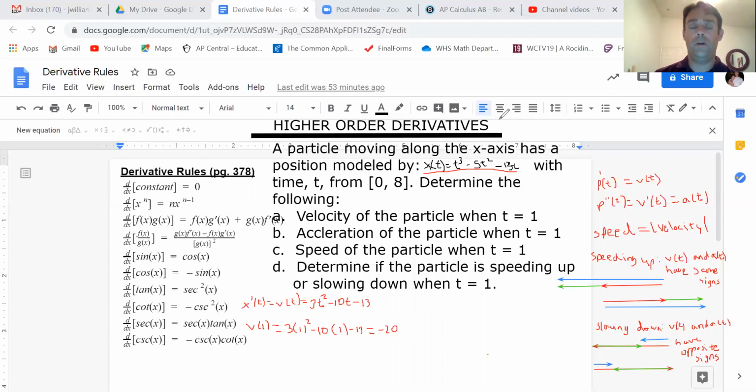All right, here we go. The derivative of velocity would give me acceleration. So we're going to use our velocity equation right here. So I get 6t minus 10. And we're going to figure out what our acceleration is.